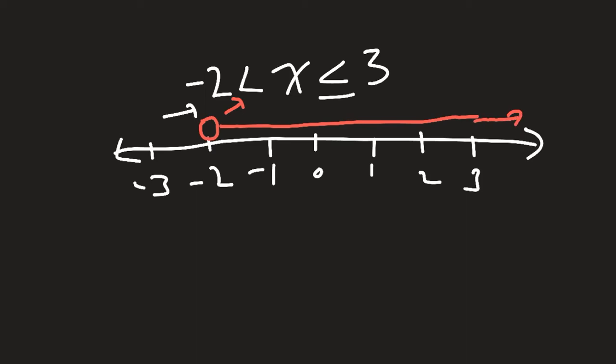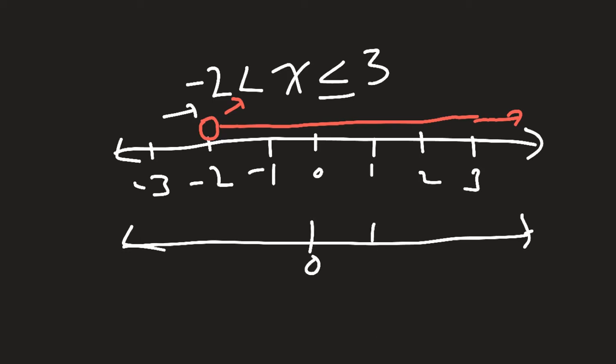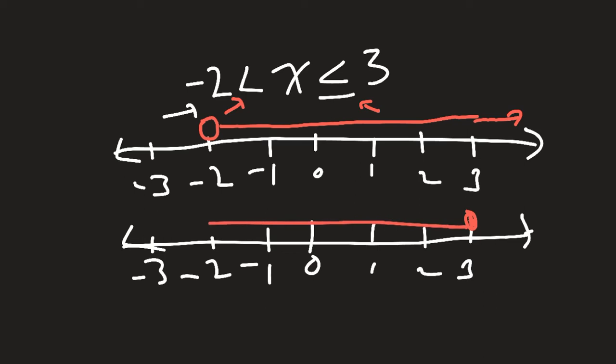And then also at the same time, x is also 0, 1, 2, 3, -1, -2, -3. X is also less than or equal to 3, there's 3 on my number line. Because it's also equal to, I draw a filled in circle, and then I draw that extending all the way to negative infinity.